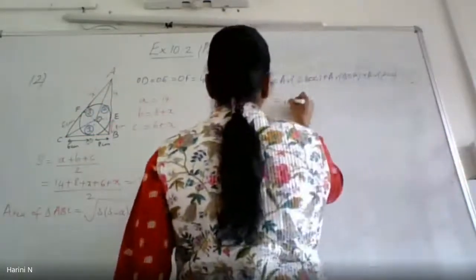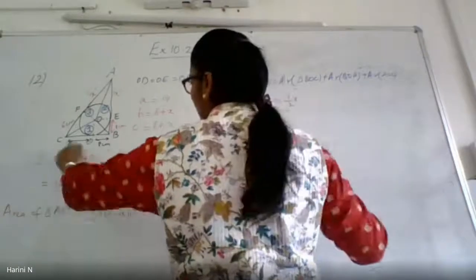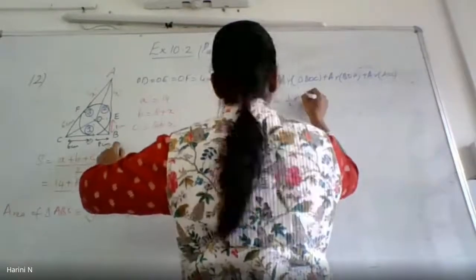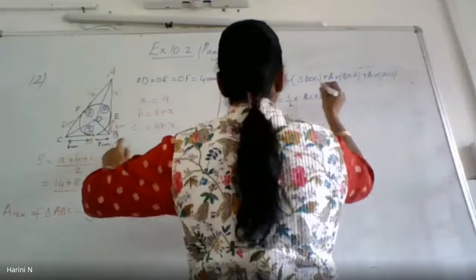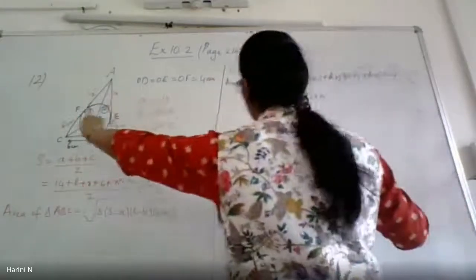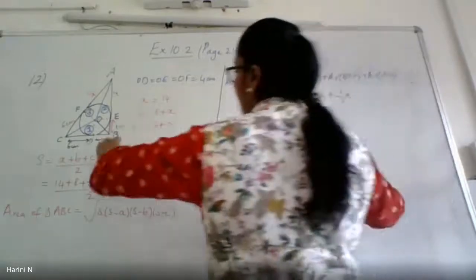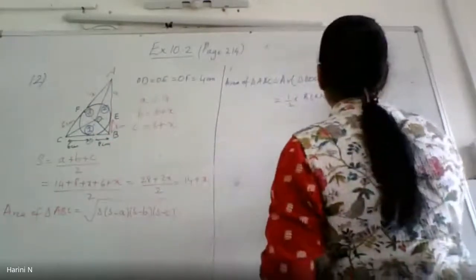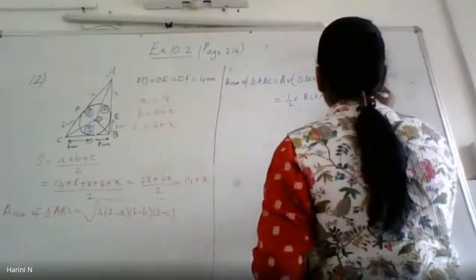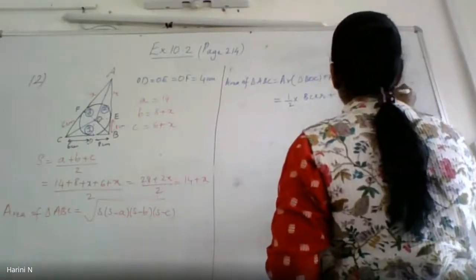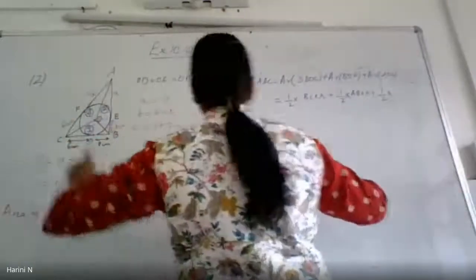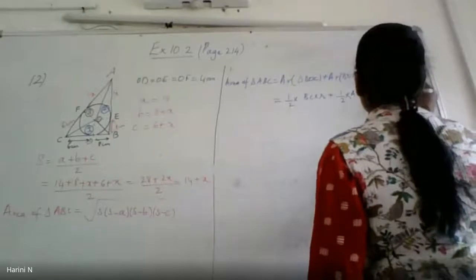So this will be half into base for the first triangle is BC into r, which is the height. OD is equal to r, plus half into, here the base will be AB into r, plus half into the base for the third triangle will be AC into r.